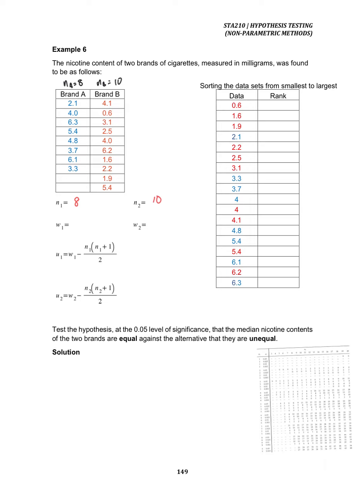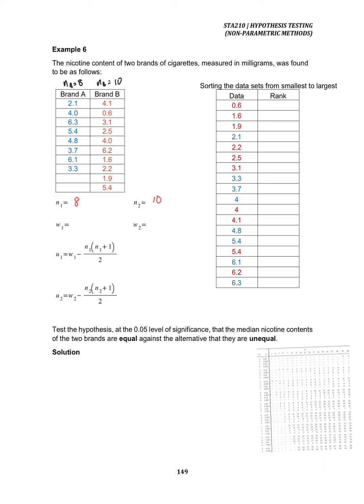Okay, so ada dua cara. First, terus bagi ranking, tengok mana yang paling rendah for whole data set. Ataupun yang kedua, awak susun dulu secara ascending order, and then baru kita bagi rank.